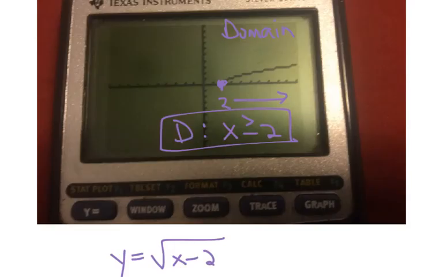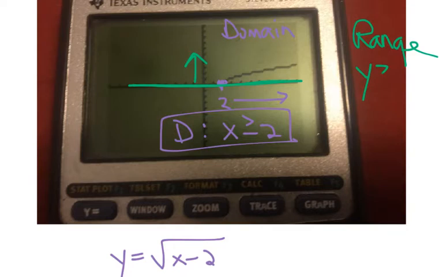And again, some people can just look at this graph and know what the range is going to be. Remember, the range are your y values. So the lowest the graph goes is 0. And all the rest of the graph is above the x-axis. Well, the x-axis is when y is 0, so we say the range is y is greater than or equal to 0.